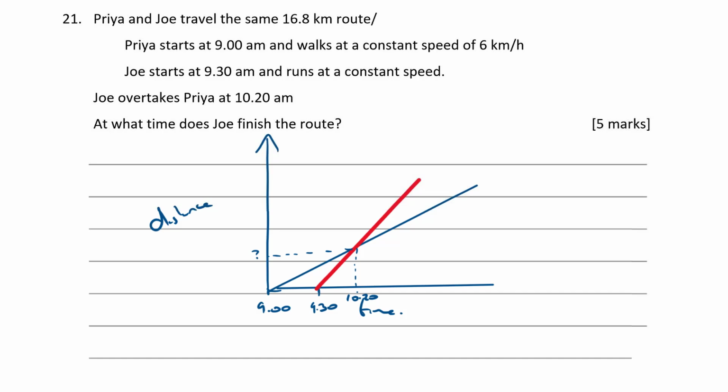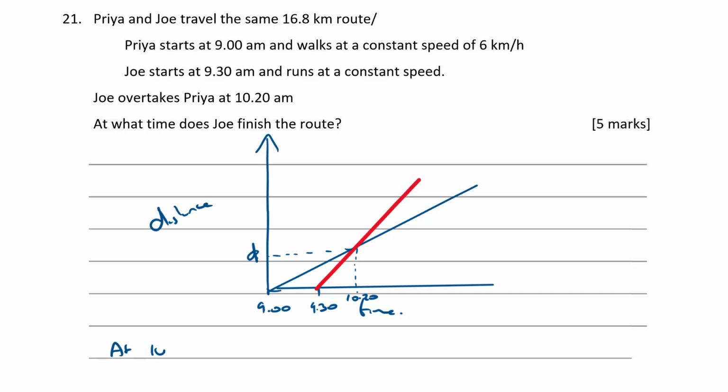Now I've got the time that happened, and that is at 10:20. And I know how fast Priya is walking, so I should be able to work out that distance, and then from that I can perhaps work out the speed that Joe is travelling, and that will be able to answer the question. Okay, so what is that distance d at time 10:20?